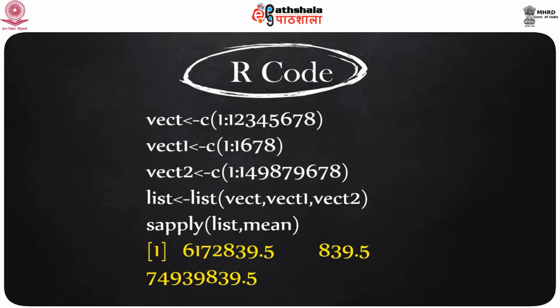The primary reason is that in case of the vapply function, we are fixing the type of output that is needed to be returned. But that is not the case for the sapply function, so R itself needs to take a decision on that. So this function is taking more time compared to the previous one due to this reason.